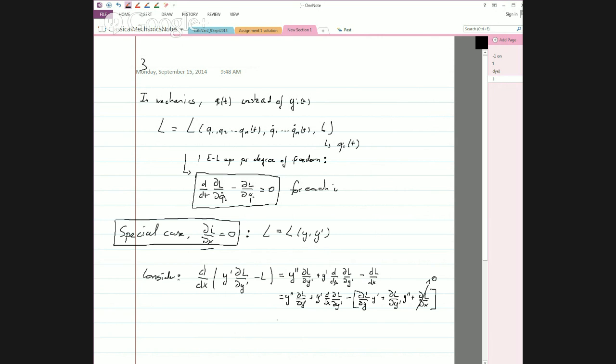So if I continue writing this out, now you'll notice that there are two terms that cancel. This term here cancels this term here. So there's a minus sign here, right?